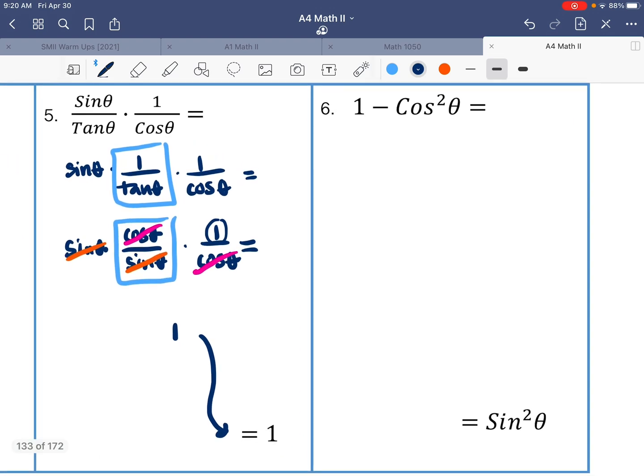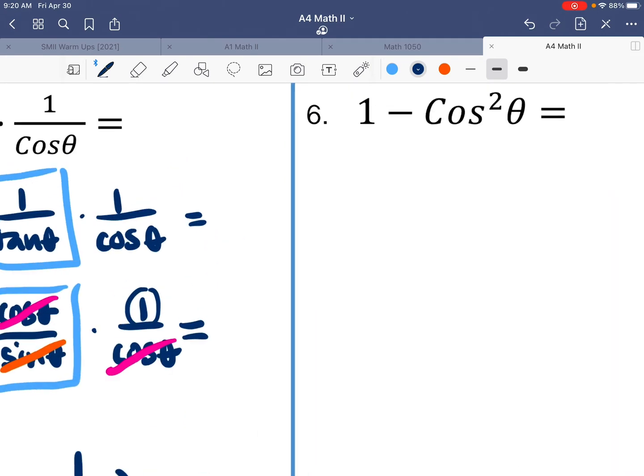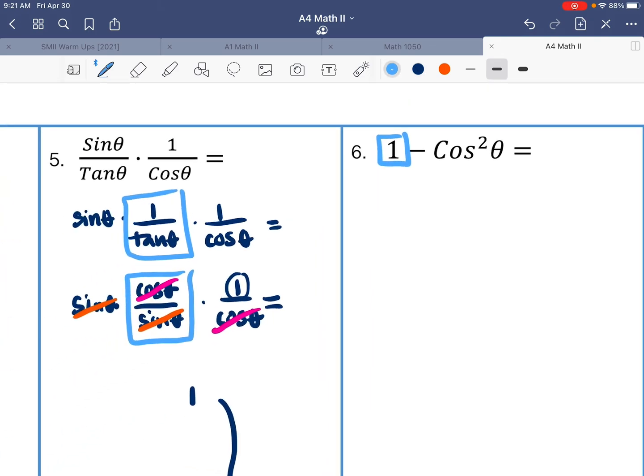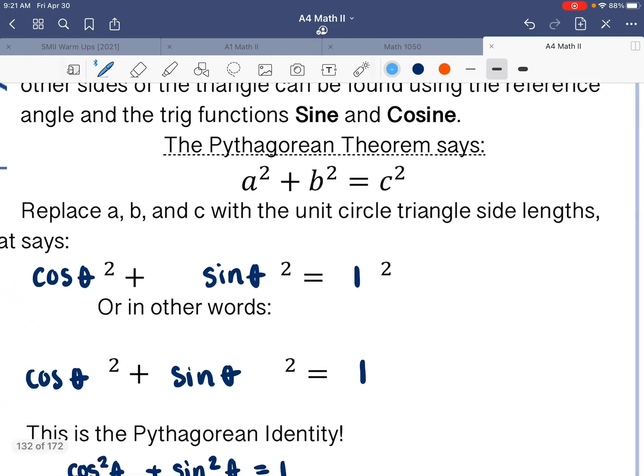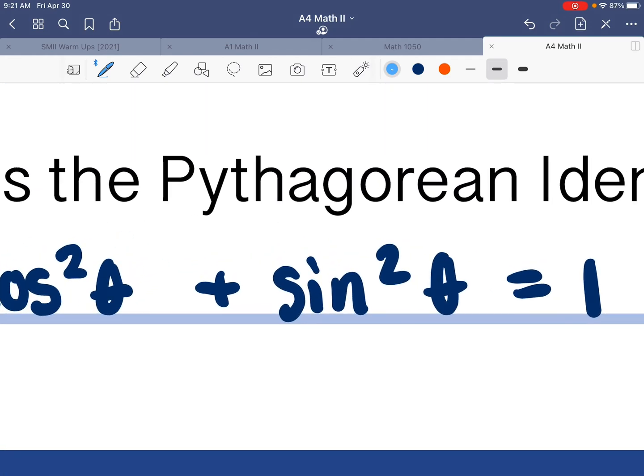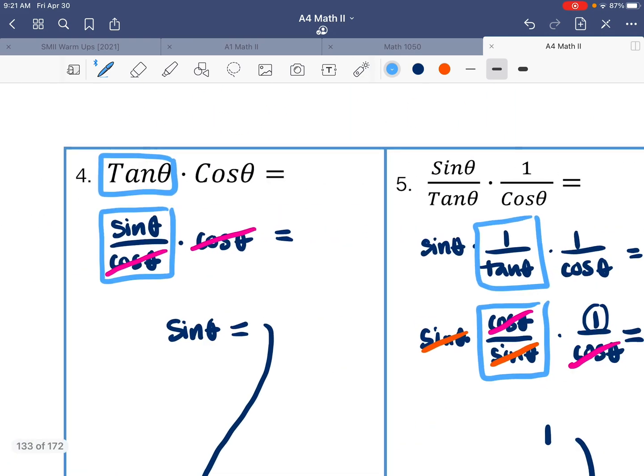Last one, number 6, we have 1 minus cosine squared of theta. So I'm trying to remember what I was going to do with that. Oh, okay, I'm going to replace 1, using my Pythagorean identity, I know that 1 is equal to sine squared of theta plus cosine squared of theta.